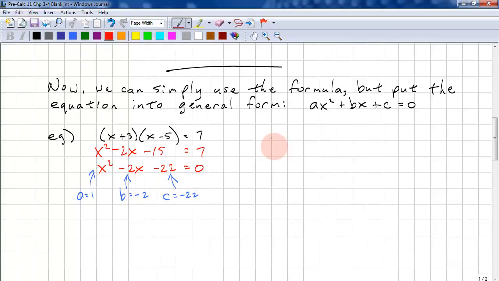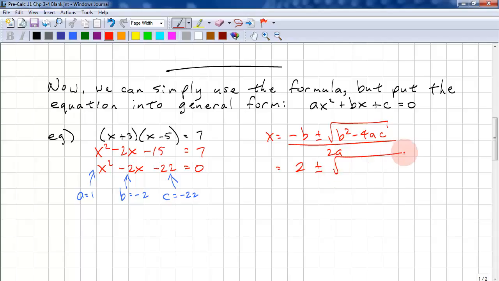So over here, we'll have x equals, and it's good to write this out until you remember it. And then substitute. So minus -2 is 2, plus or minus -2 squared is 4, minus 4 times a is 1, and -22, all over 2 times a. Since a is just 1, we'll just put 2 in there.